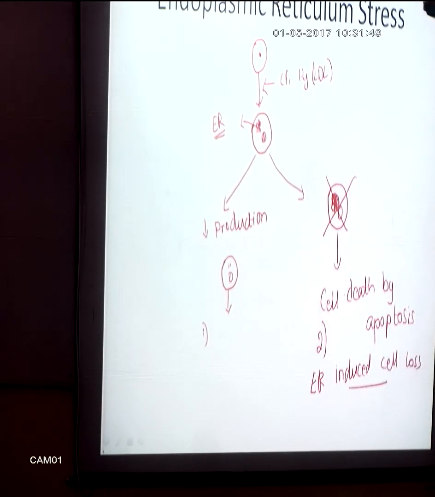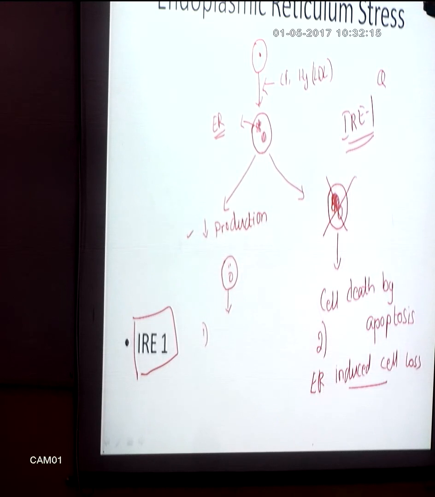So what decides whether it should be a decrease in production or ER-induced cell loss? One thing called IRE1. This is what decides whether it should go to cell loss or go to decrease in production. This can be asked as an MCQ: the deciding factor. First MCQ.